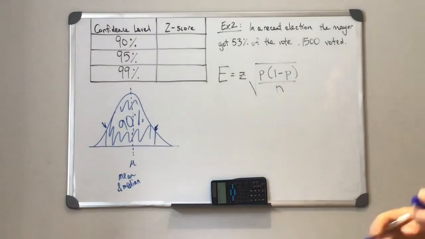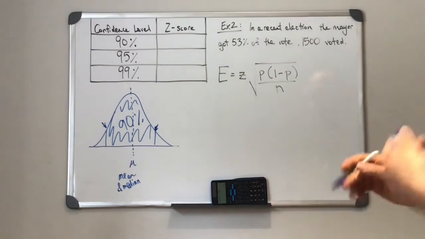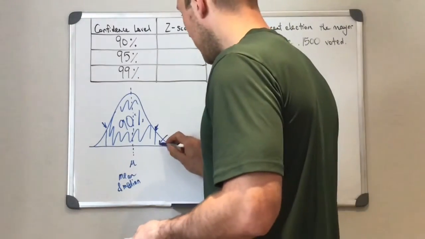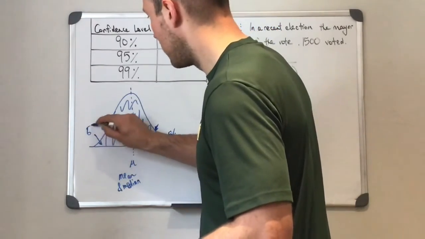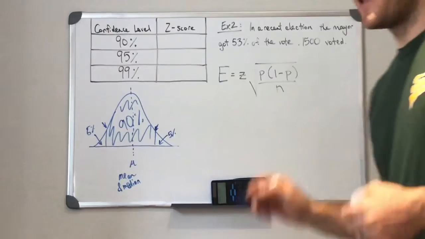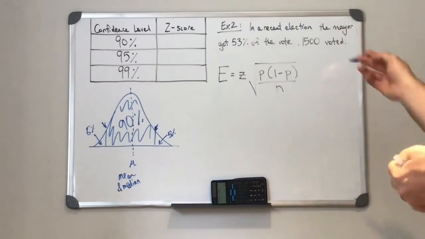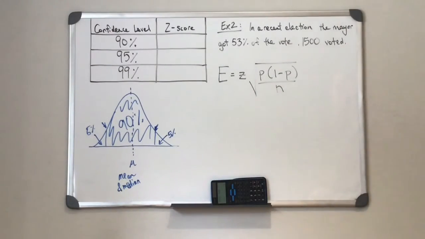Okay, so if I have 90% of the curve in the middle, that also means that there's 5% left over on each side. And this is what's going to help us develop what z-scores we're going to need.